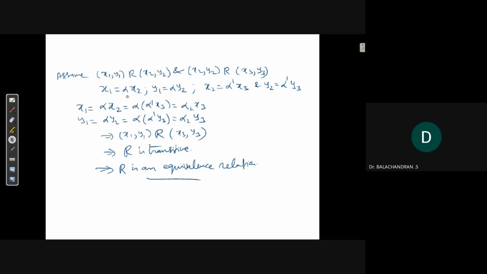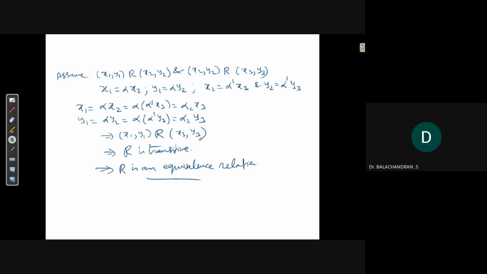Similarly, y1 equals alpha into y2, which is alpha into alpha dash into y3. Both are real numbers, so the product is again a real number alpha 2, times y3. So x1 equals alpha 2 into x3, and y1 equals alpha 2 into y3. From the definition, x1 comma y1 is related to x3 comma y3.